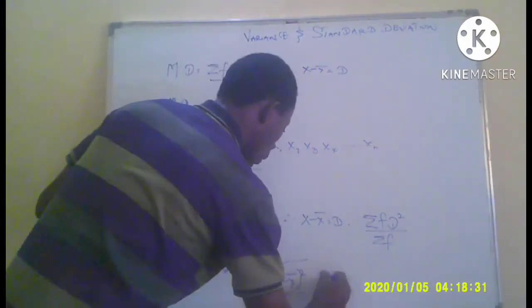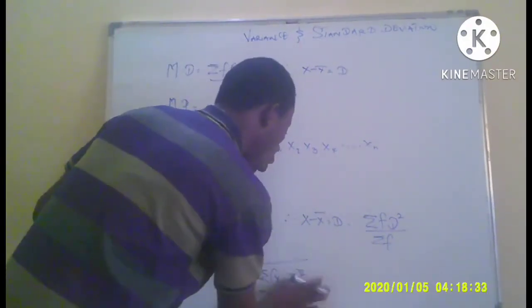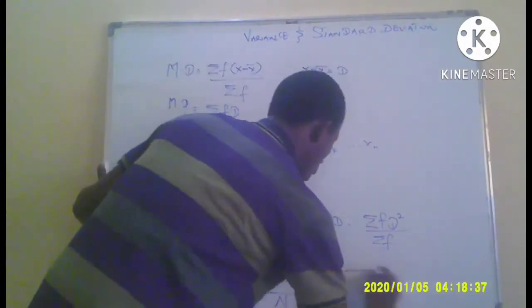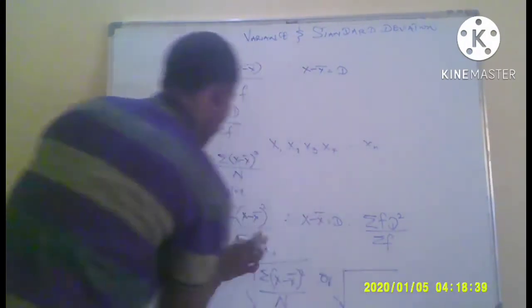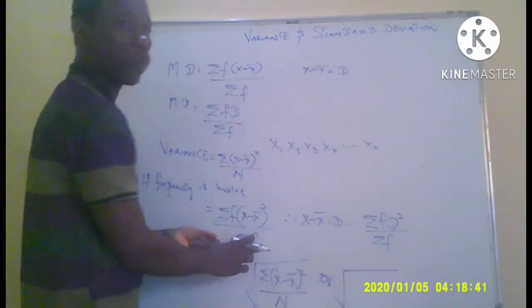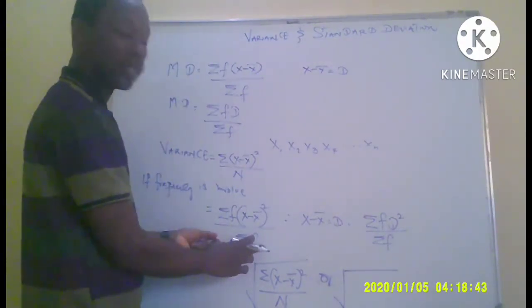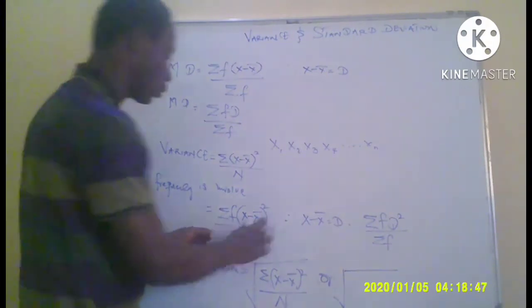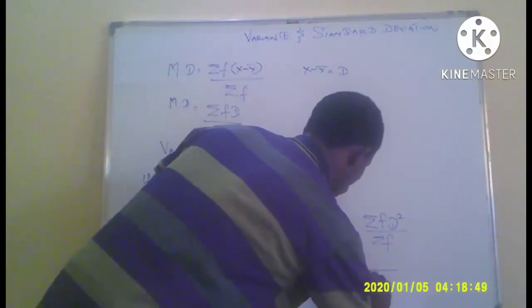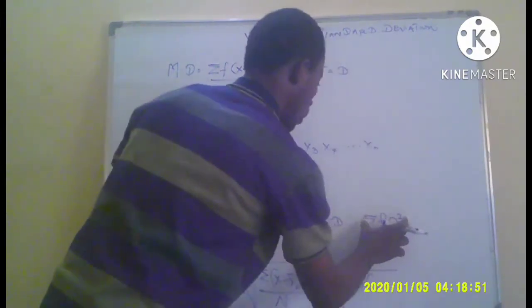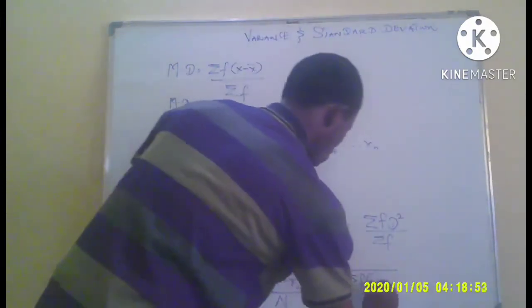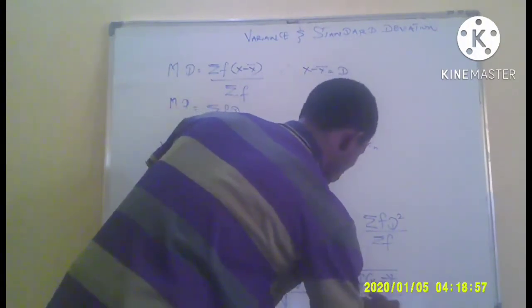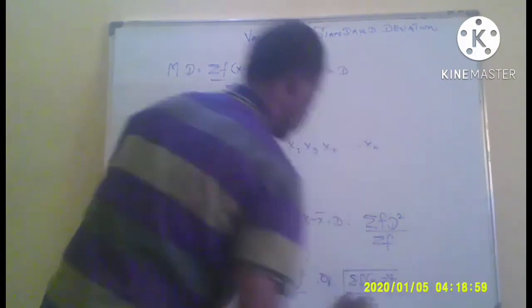What if frequency is included? The standard deviation can also be the square root of this variance. Now that the frequency is included, the square root of this variance gives the standard deviation: the square root of the sum of frequency times (x minus mean) all squared, all over the sum of frequency.